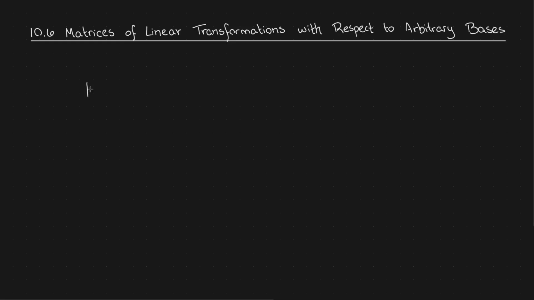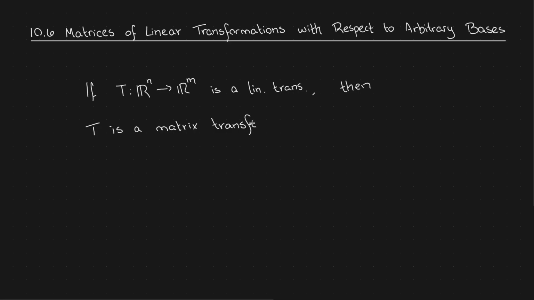Specifically, if T is a linear transformation from Rn to Rm, then T is a matrix transformation with standard matrix A, where the columns of matrix A are just the transformation of the standard basis of Rn.